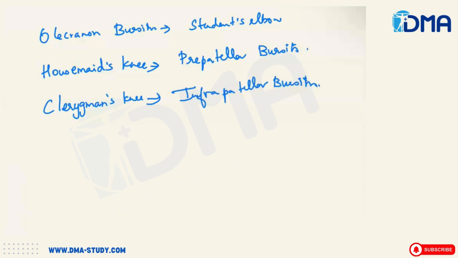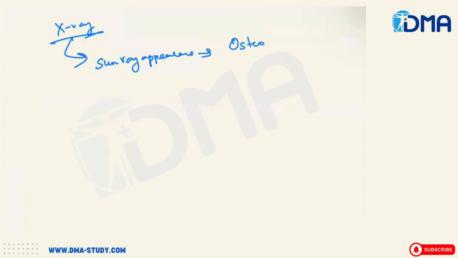Then coming to a few X-ray features. When you have a sun ray appearance in the X-ray, the possibility of osteosarcoma is there. When you have this soap bubble appearance, then the possibility of giant cell tumor is more than adamantinoma.